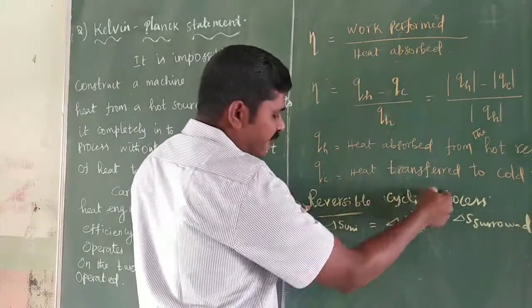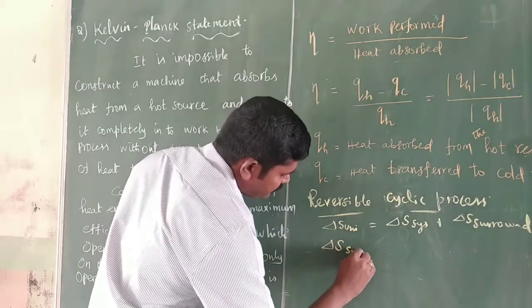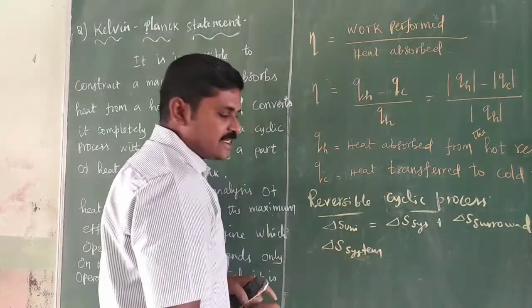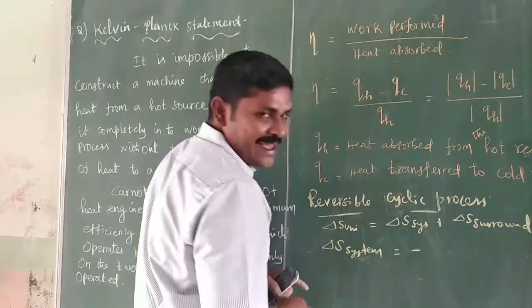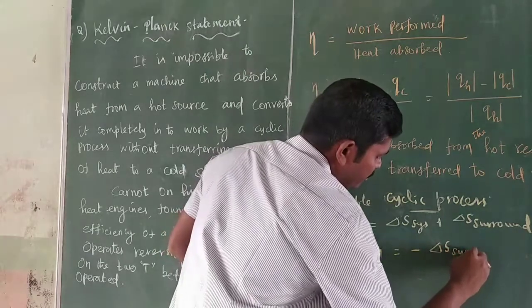In a reversible cyclic process, del S system is equal to minus del S surrounding.